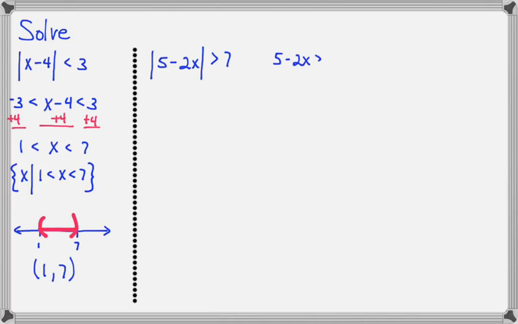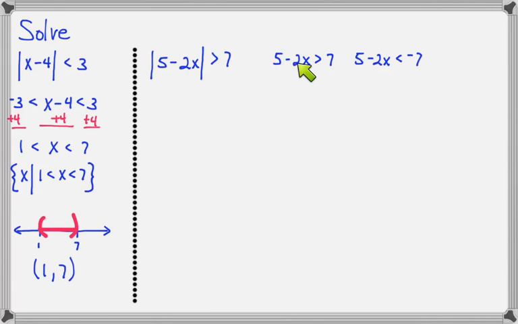So when I write my two inequalities, the first one is just exactly the same as the problem, but without the bars. Now the second one, I flip the symbol over and I flip the sign of this number on the right side.